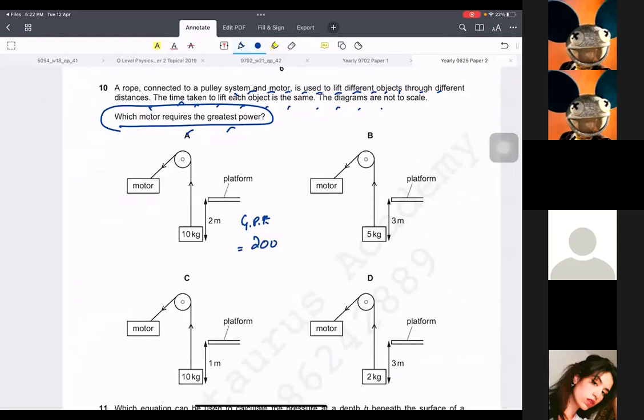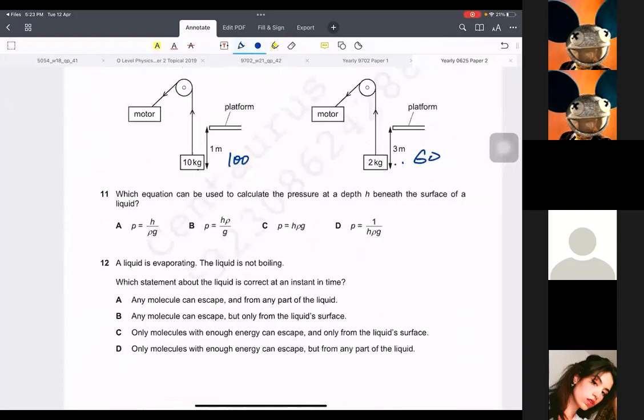In this, it would be 5 into 10 into 3. 5 tens are 50, 50 into 3 is 150. In this one, 10 into 10, 100. In this one, 2 into 10, 20, 20, 60. So it has to be this one, right? 8, 10, 8. All right.